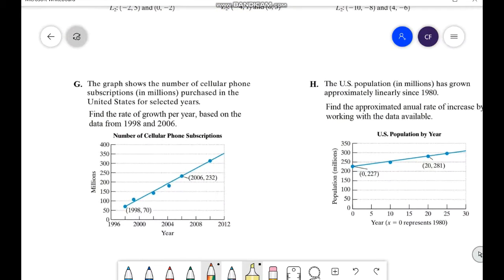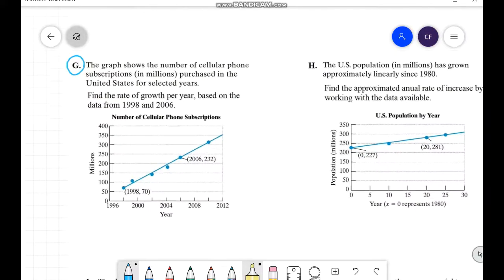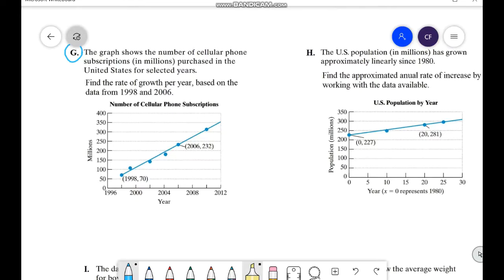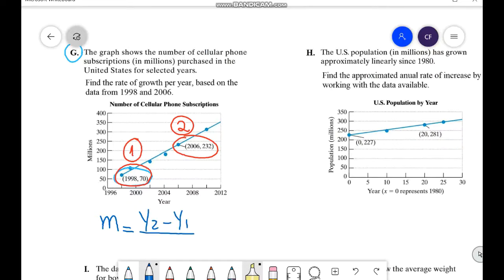Let me show real quick the second part. The second part looks hard, looks difficult, because you have a lot of data, a lot of information, but actually what's important here is that you have 2 points, which you call point 1 and point 2, and you apply the formula m equals y2 minus y1 over x2 minus x1, and that's it.